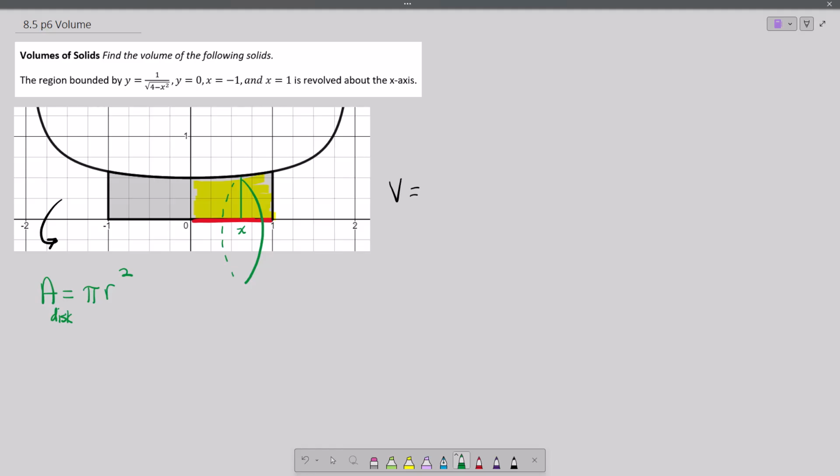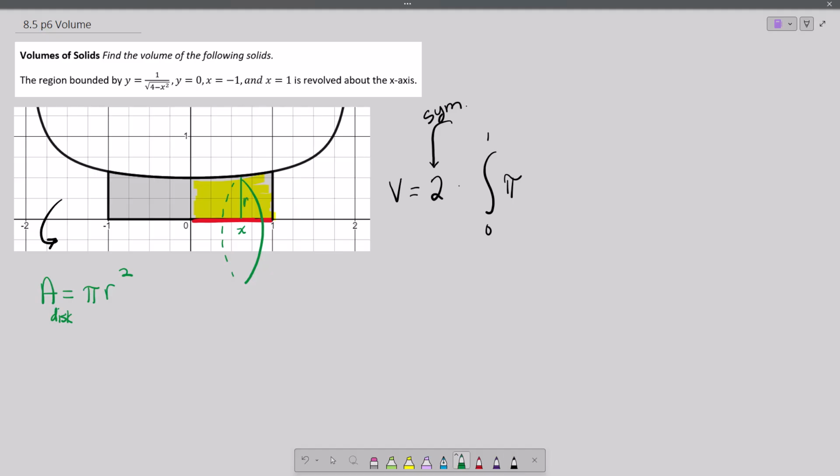So to get volume, we integrate the area function. We're going to first put a 2 out in front because we're using some symmetry. So this is by symmetry: 2 times the integral from 0 to 1 of the area function, which is pi r squared. R in this case is the function.